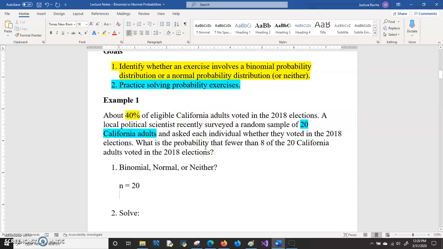It will usually say this distribution is approximately normal. This exercise does not mention anything about the distribution being normal, so this is probably not a normal distribution.